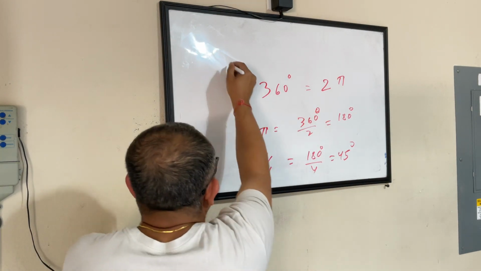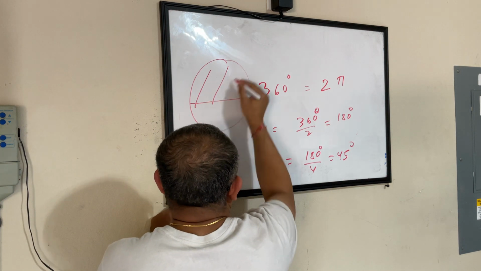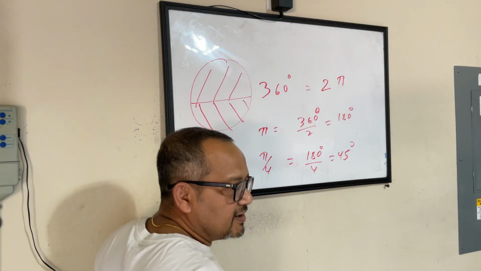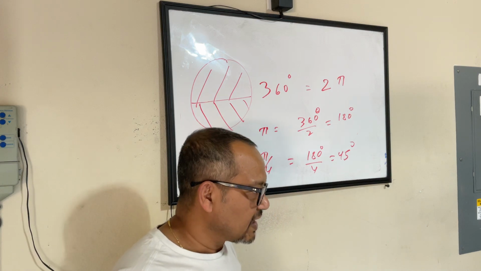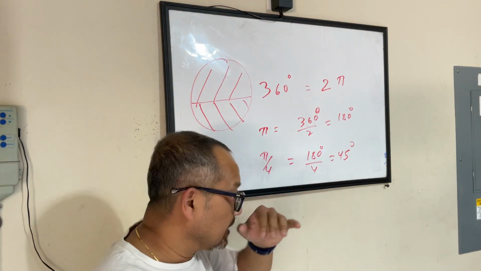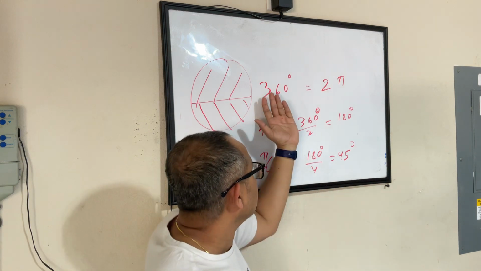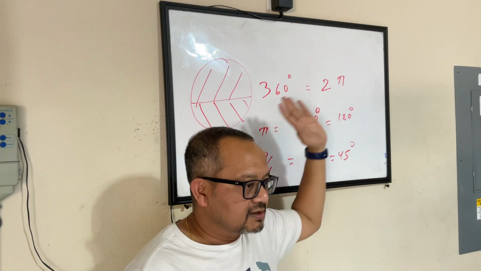So basically now if you look at the whole circle, half of this is pi radian and this is the second pi. So this pi has 2 pi's inside it. Okay. So that's the conversion that everybody should know. This is just a formula. This is just a relationship between the degree and the radian way of looking at the angles.